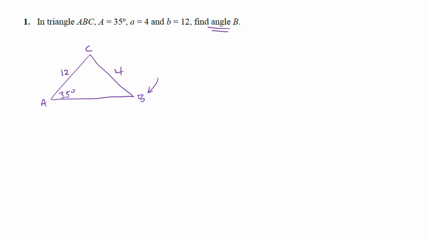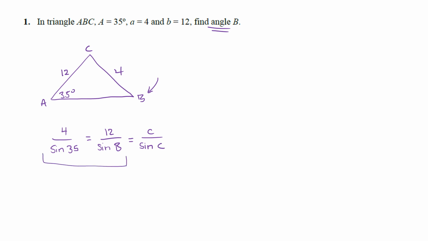So now let's input these values into our sine formula. So side a is 4 over the sine of angle A, which is 35. Side b is 12. We want to find angle B. And we don't know the side c or the angle C, so we won't be utilizing that ratio.